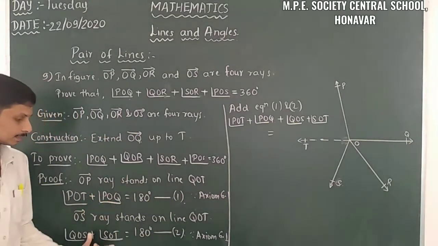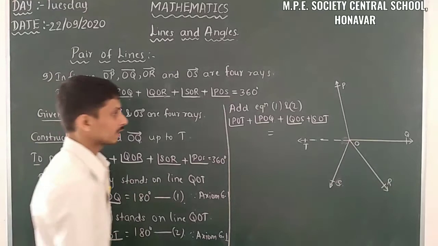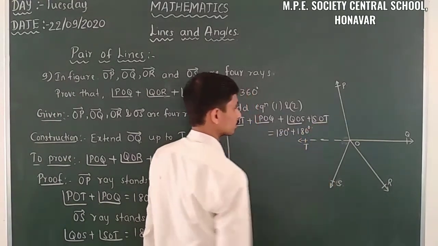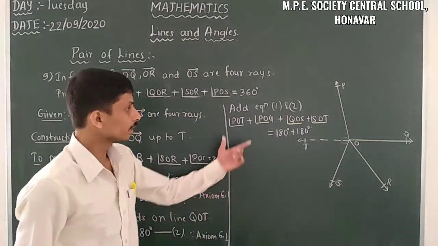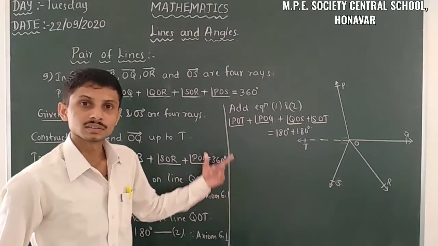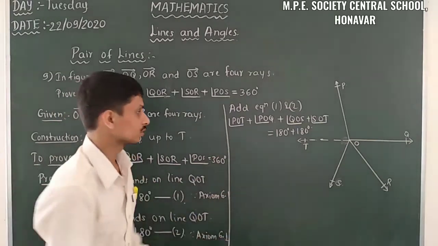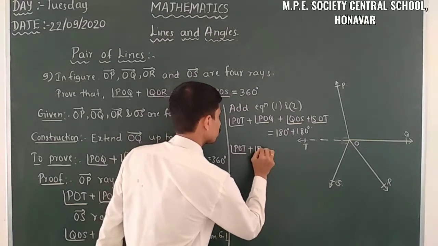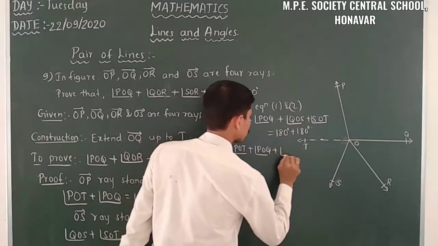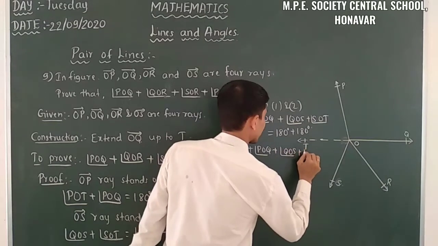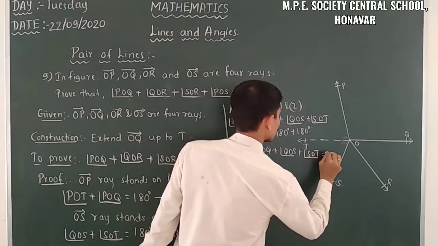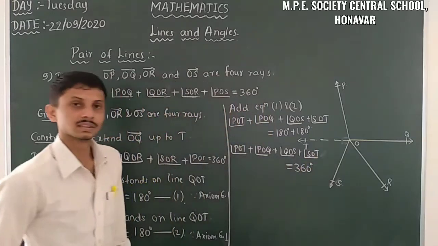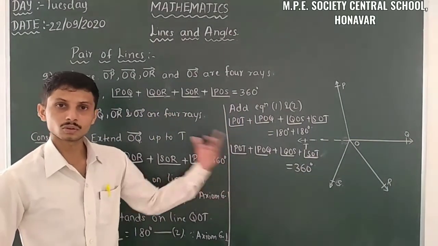We have to add LHS plus LHS and RHS plus RHS, 180 degrees plus 180 degrees. Then we take the solution. So angle POT plus angle POQ plus angle QOS plus angle SOT is equal to 360 degrees here.